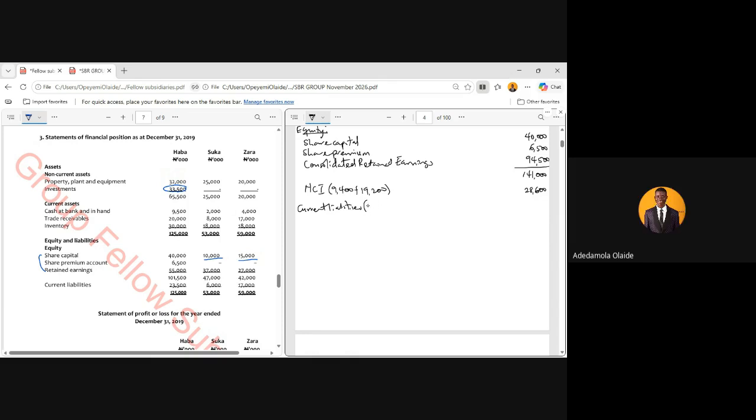So current liabilities is what? 23,500 plus 6,000 plus 17,000. That is 46,500.